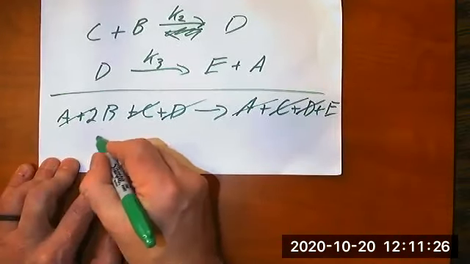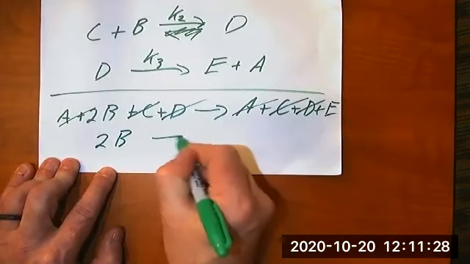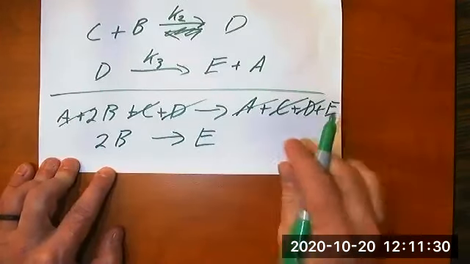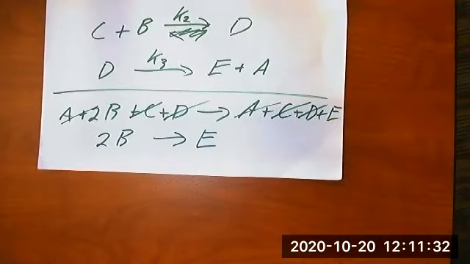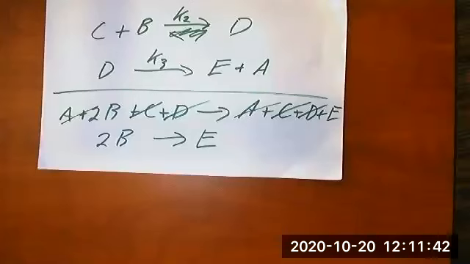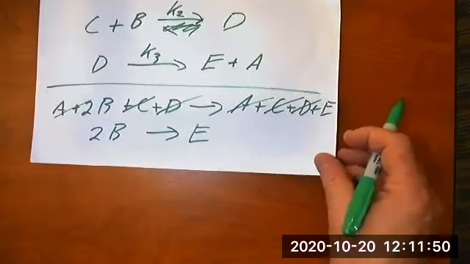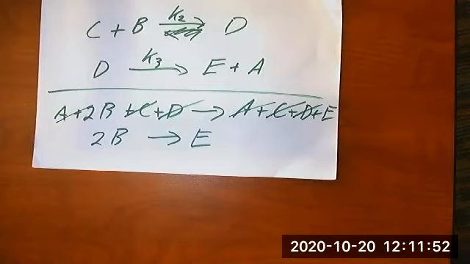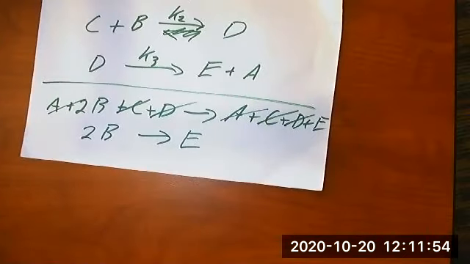So our overall reaction is 2B goes to E. And so what kind of species is A for this reaction? A catalyst, that's exactly right. And what kind of species are C and D? Those are intermediates, right.